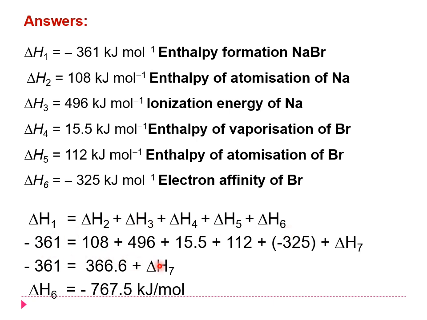Insert all the values. And please remember to do the calculation well, because this is a negative value and this is also a negative value. So we are going to get a negative value here, which is negative 767.5 kilojoules per mole.